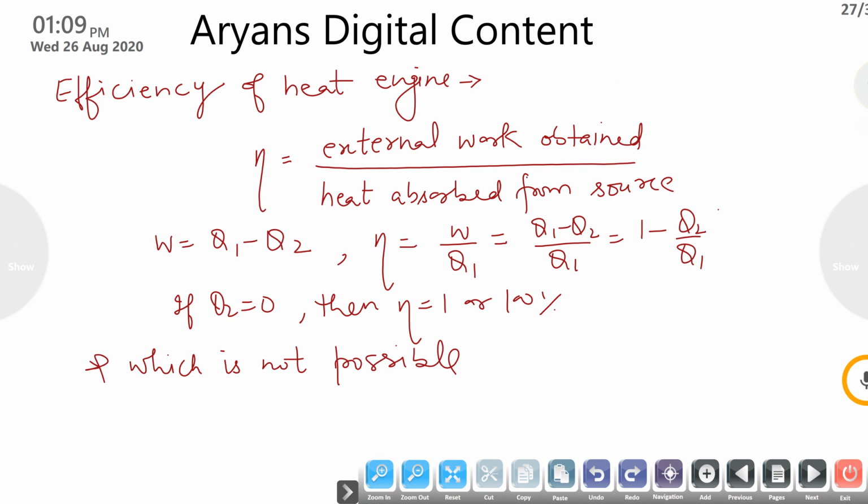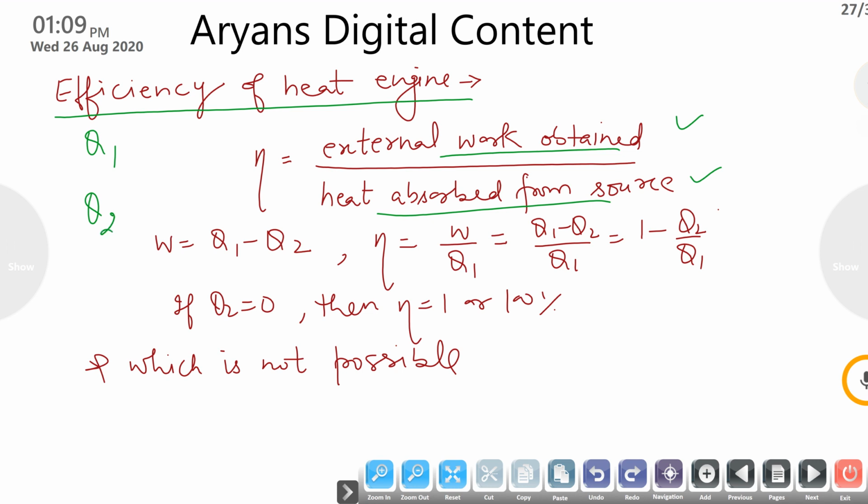So now efficiency of a heat engine. Efficiency has a simple formula, meaning output over input. Here output is your work done and input is your heat absorbed from the source. If heat absorbed from the source is Q1 and heat rejected to the sink is Q2, then simply the difference is your work done. So work done is nothing but Q1 minus Q2.